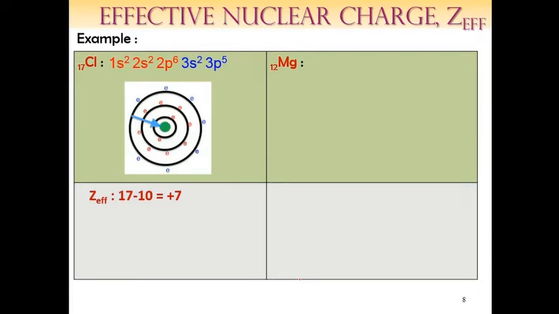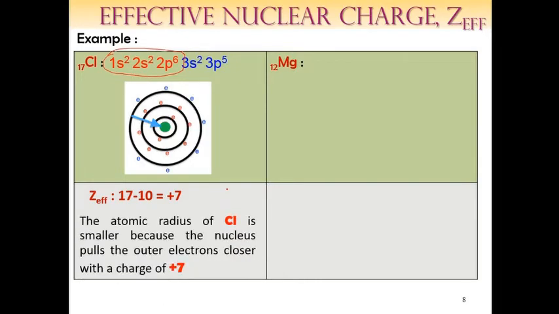So the effective nuclear charge of chlorine is the proton number minus the number of inner electrons, 17 minus 10, so we get positive 7. The inner electrons of the chlorine atom we get from the orbitals of 1s until 2p, that is in the inner shell. The atomic radius of chlorine is smaller because the nucleus pulls the outer electron closer with a charge of positive 7.